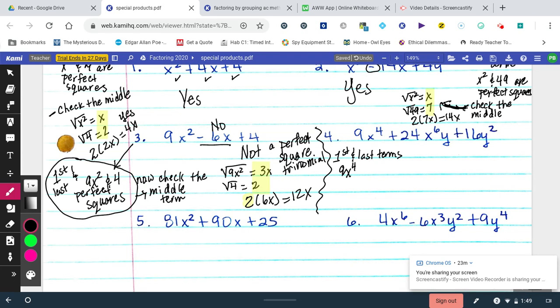Therefore, the whole thing is a perfect square. All right, and the last one is 16y squared. 16 is a perfect square, and y squared is a perfect square because the exponent 2 is even. So both of these are perfect squares. Okay, so they check out.